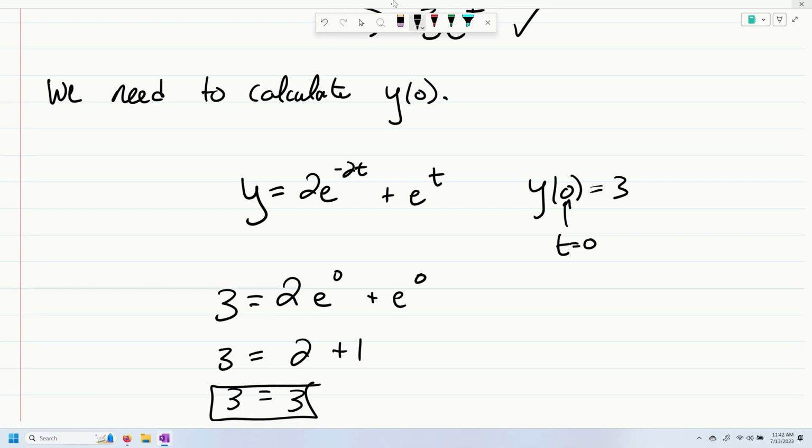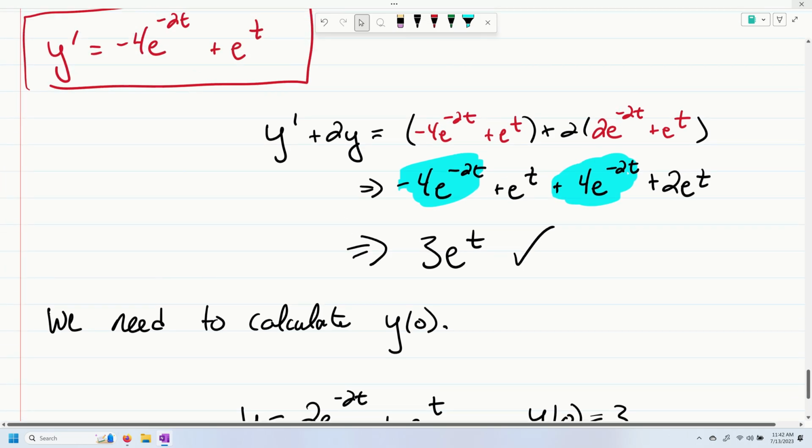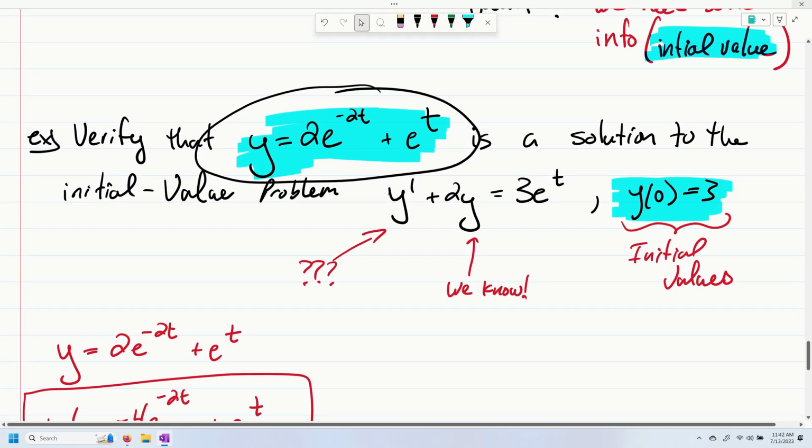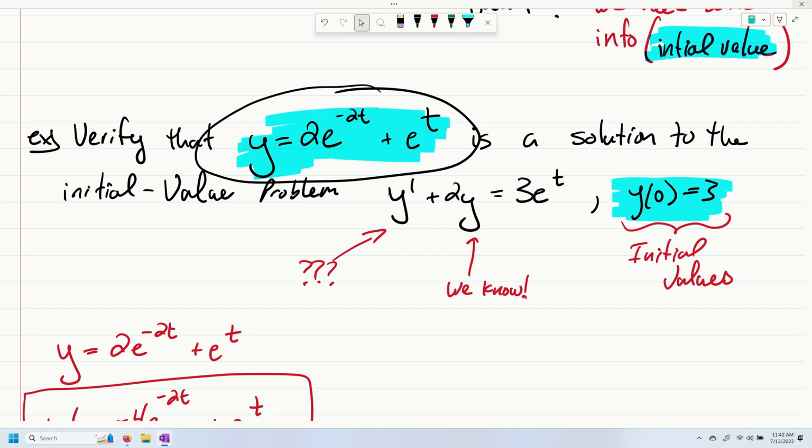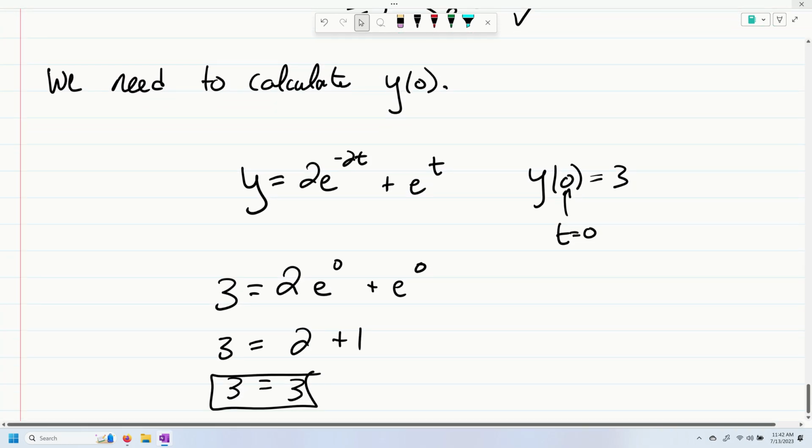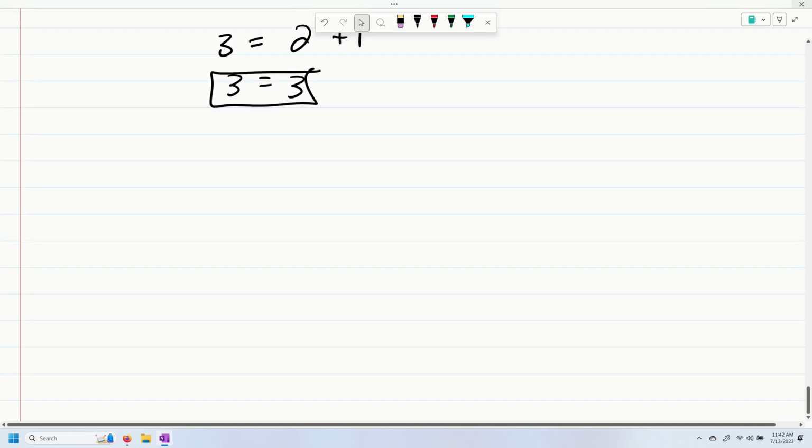And this is how we verify initial value problems. First thing we do, we take the solution they gave us and verify that it works in the differential equation. Then we take that solution and verify that the initial value works as well. Like I said, it's very cool once you start looking at it like this. And what's really interesting is when you start graphing these things.